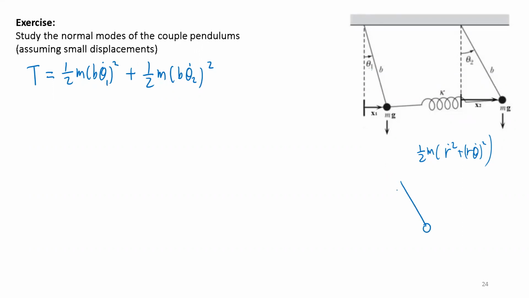You should have already done this multiple times. Let's say at the lowest level, u is 0. Then what is this height over here? This angle is theta, so this height would be b times (1 minus cosine theta). This is the height that we want.